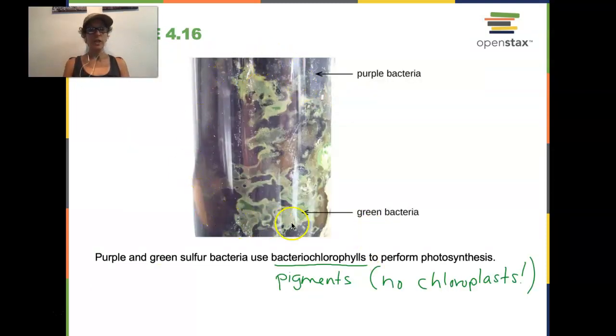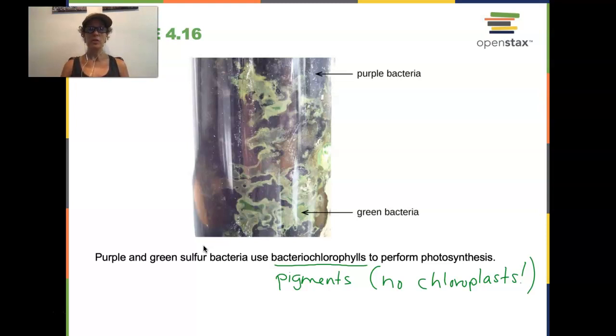This really gunky looking thing is called a Winogradsky column. And you can check out the subtitles, the captions for this. I'll make sure it is spelled correctly. Winogradsky column, because Dr. Winogradsky figured it out.